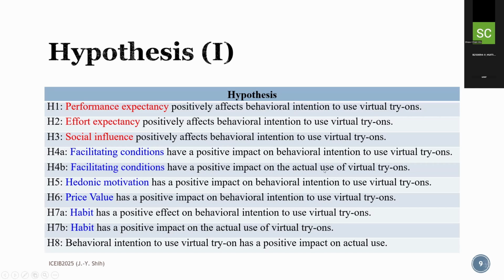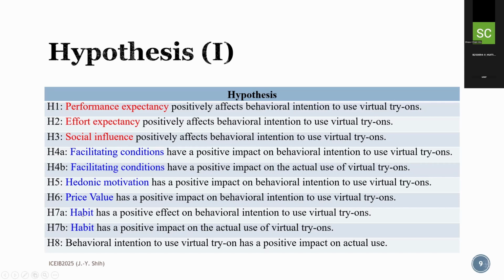Besides behavior intention, we also study its impacts on actual usage. And the H5 is hedonic motivation. We assume that it has a positive impact on behavior intention to use virtual try-ons. H6 indicates price value has a positive impact on behavior intention to use virtual try-ons.